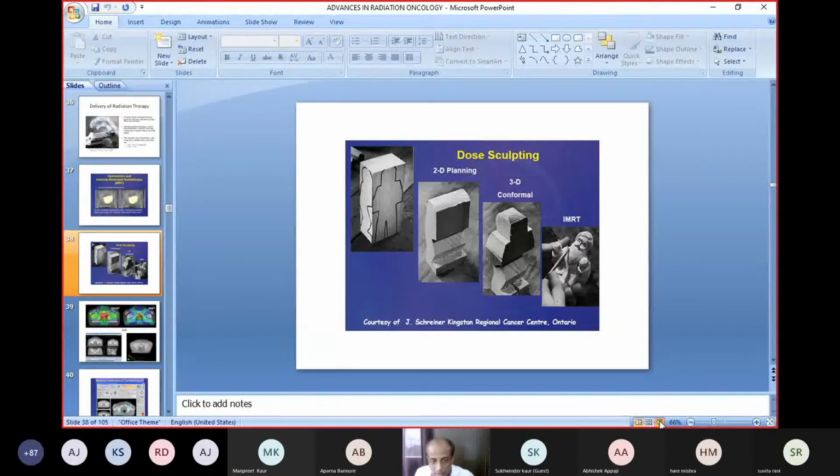Then we can radiate each individual area, very small areas, with a very high dose of radiation, which is called stereotactic radiation therapy. So these are the modalities I explained just now: 2D CRT, 3-dimensional conformal, intensity modulated radiation therapy, image guided radiation therapy, then stereotactic therapy, and then there is particle beam therapy. I will explain later.